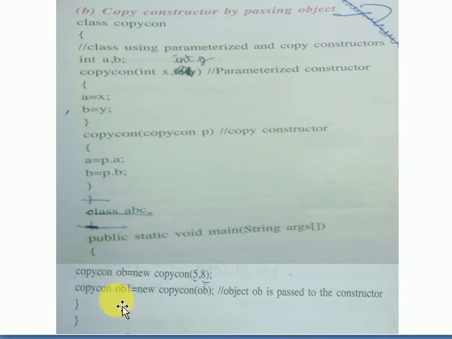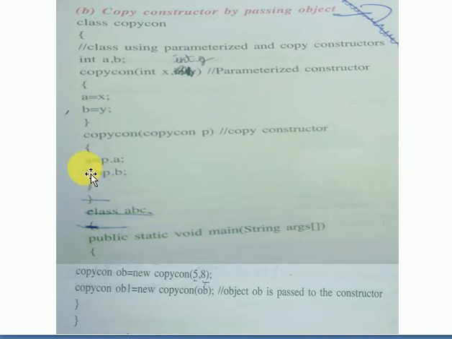Whereas here, Copycon ob1, a new object we are creating with new Copycon, we are sending one object as an argument. See, ob is passed, the first object is passed, so p will refer to this ob. When I say p.a, it indirectly means ob's a value, which will be copied to a.